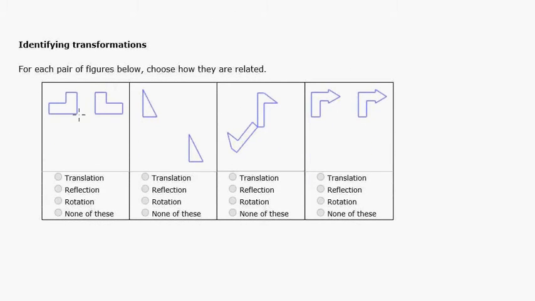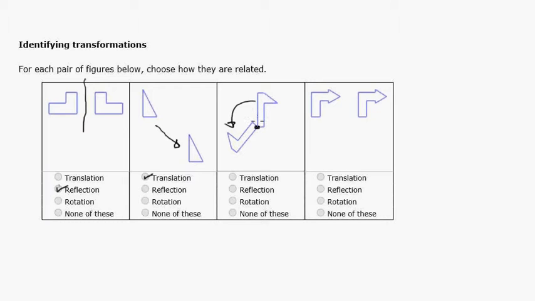This one you can see is reflected about an imaginary line, so this would be a reflection. This one is a translation. It's just been moved. And this one, that was our example, has been rotated this way because the shape hasn't changed.